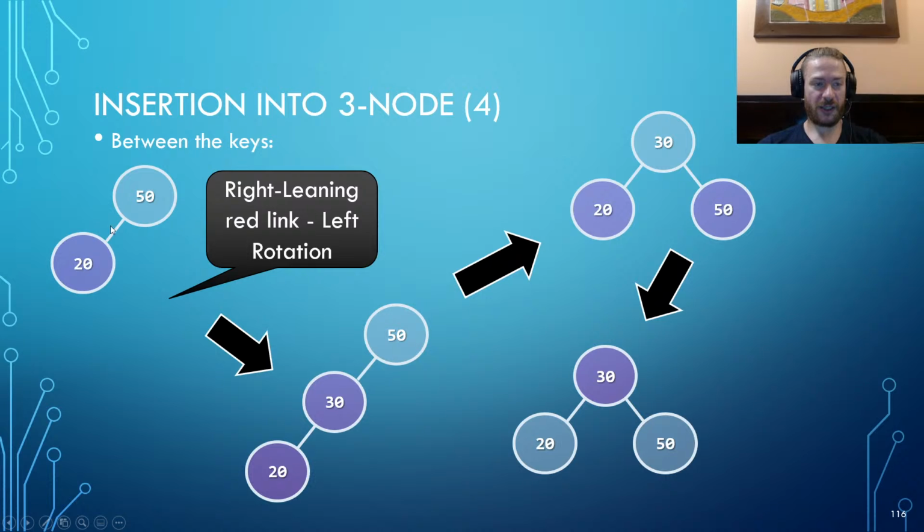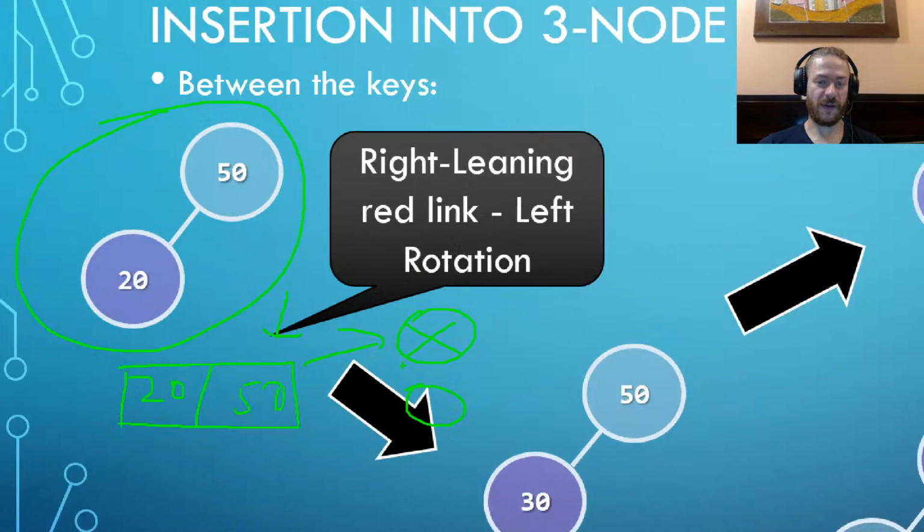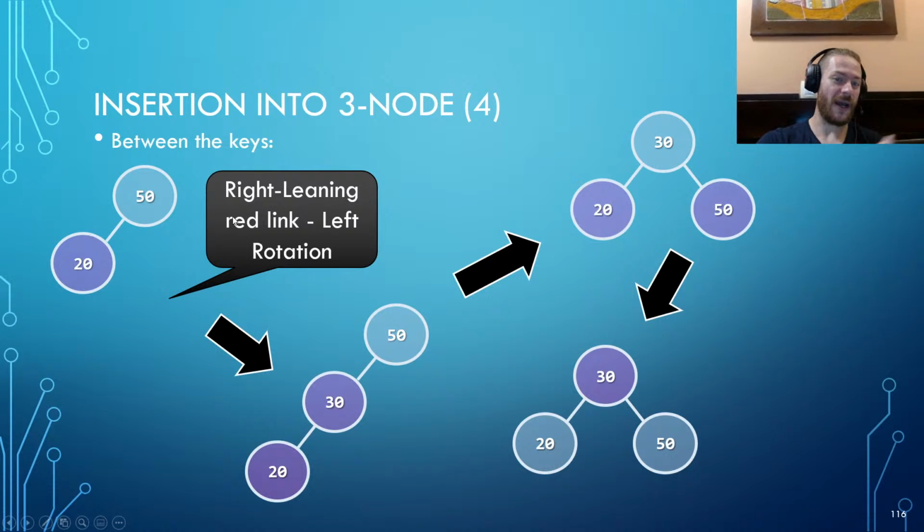Because a red-black tree, essentially this thing here, is a B tree like we saw earlier with 20 and 50. This is why when we do some insertions we need to change values and flip colors to make it the same as the B tree representation.